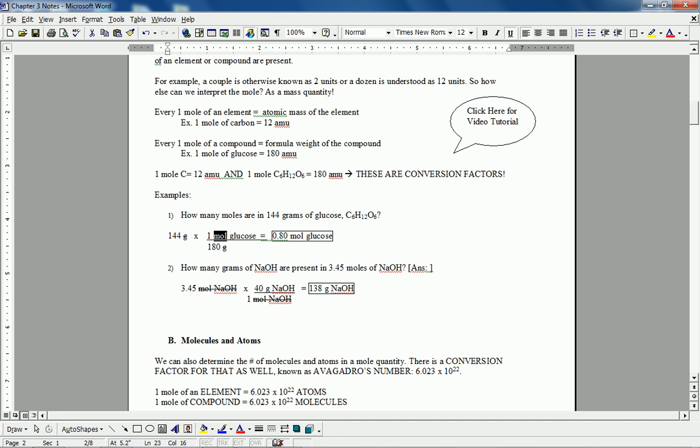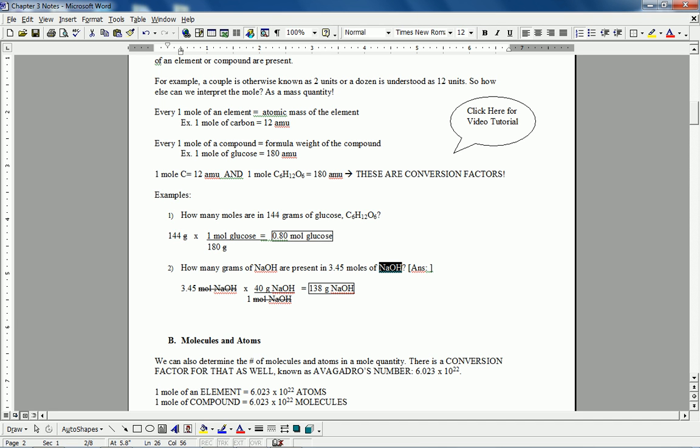Let's go backwards now and go from moles to grams. How many grams of sodium hydroxide are present in 3.45 moles of sodium hydroxide? All right, and again, what we're going to be looking for here, first and foremost, is our conversion factor. So we want to know, in 1 mole, because it's always 1 mole equals how many grams, in 1 mole of NaOH, how many grams do we have?